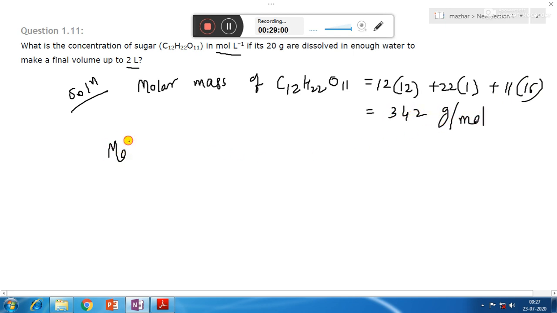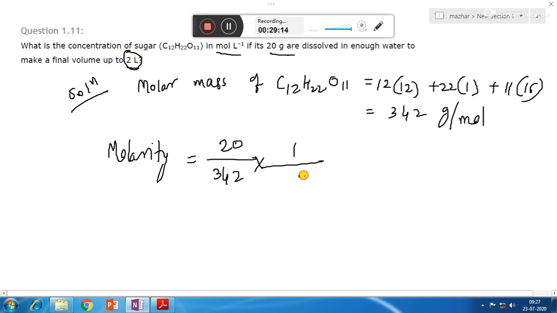Now molarity equals mass of solute, that is 20 gram, upon molar mass of solute, that is 342, into 1 upon volume of solution in liters, so that is 2. So on solving this, our final answer will be 0.02925 molar.